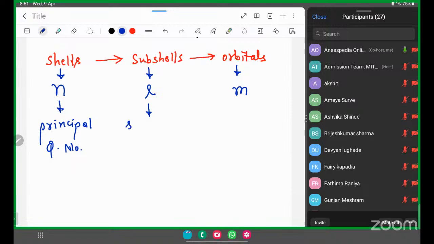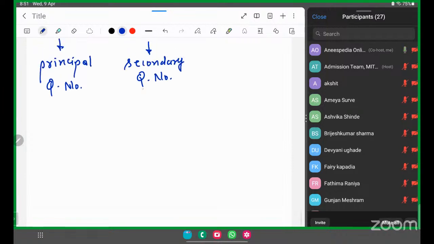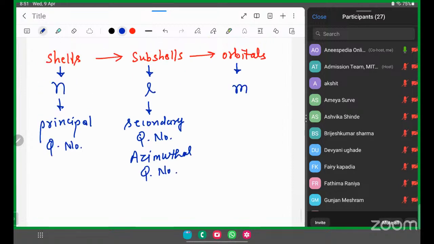L is known as the secondary quantum number, or azimuthal quantum number. Then we have M, which is known as the magnetic quantum number.